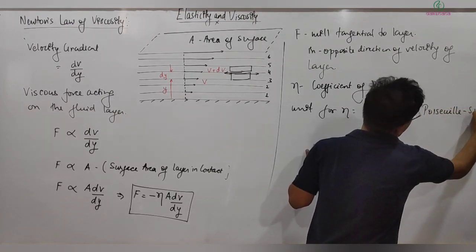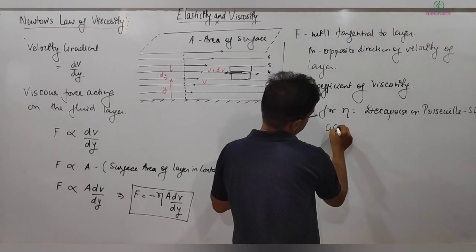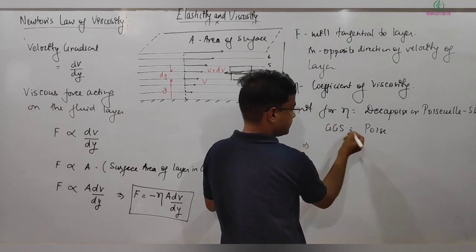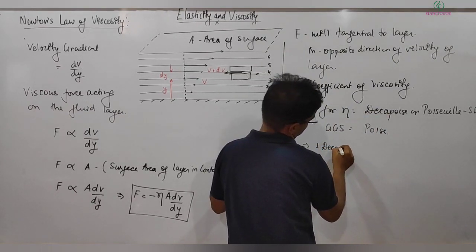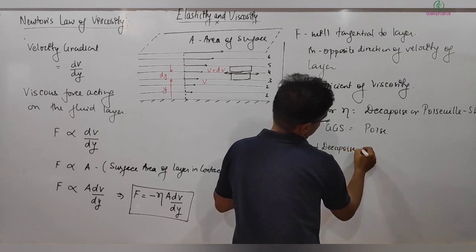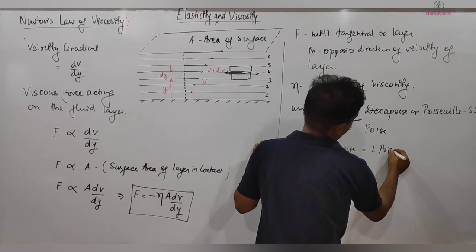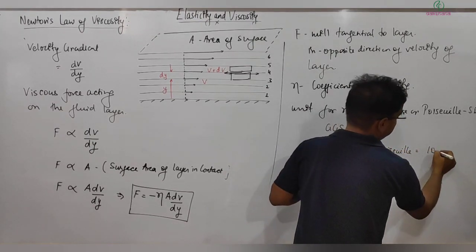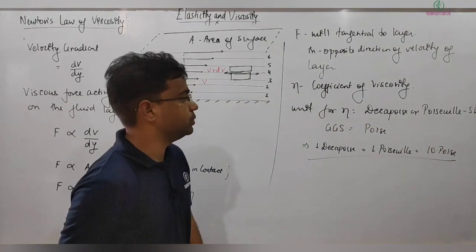These are SI units, and the CGS unit is only poise. The relation between decapoise and Poiseuille: 1 decapoise or 1 Poiseuille is equal to 10 poise. This is the relation between the units.